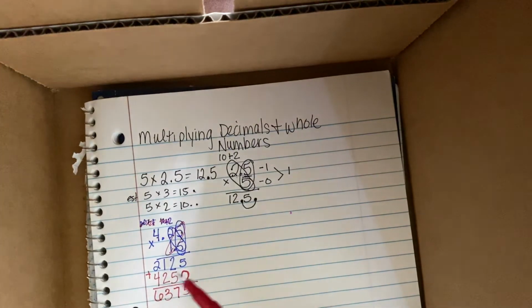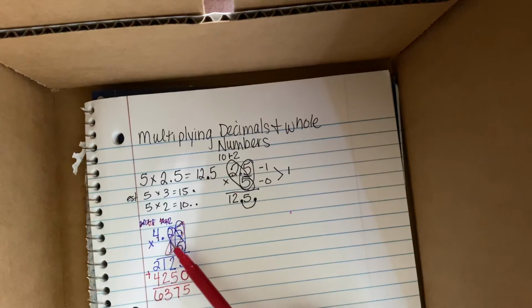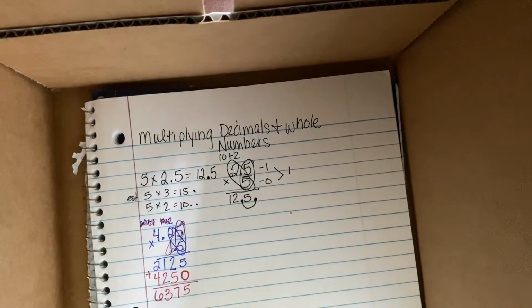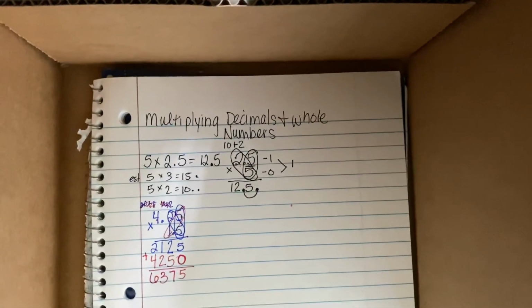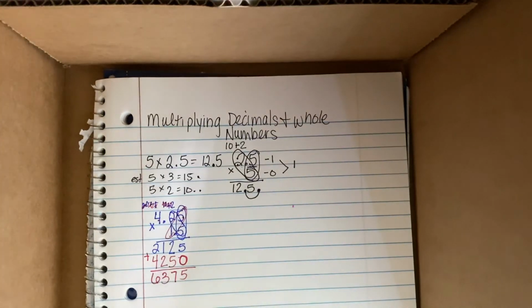So if we multiply this, 4 25/100 times 1 5/10 is 6,375. Is that reasonable with that answer? No. So that would give us an idea to not forget to put the decimal in there.